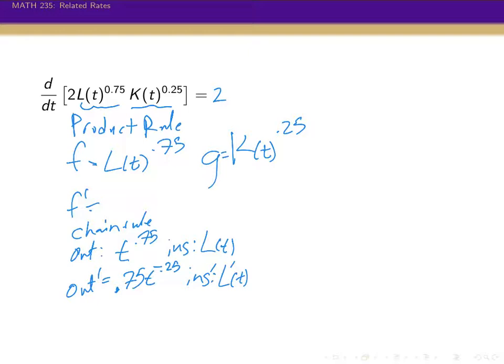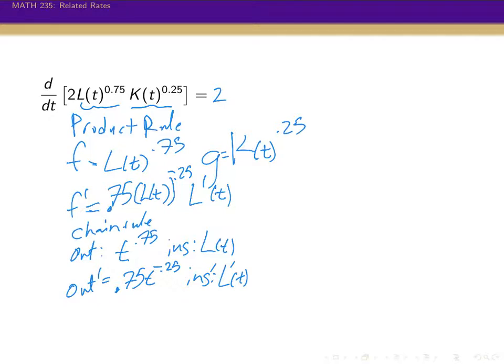And so plugging this into the chain rule, the derivative of the outside with the inside plugged in, L of t to the minus 0.25, and then multiplied by the derivative of the inside, which is L prime of t.